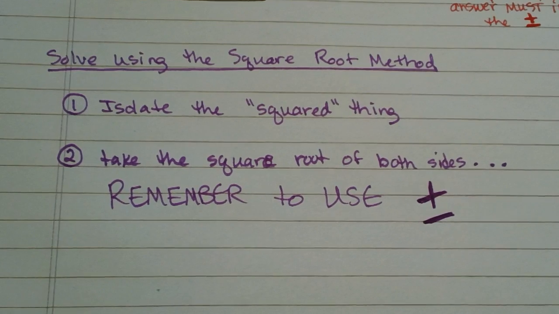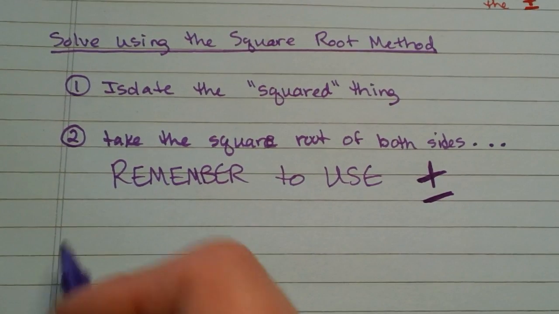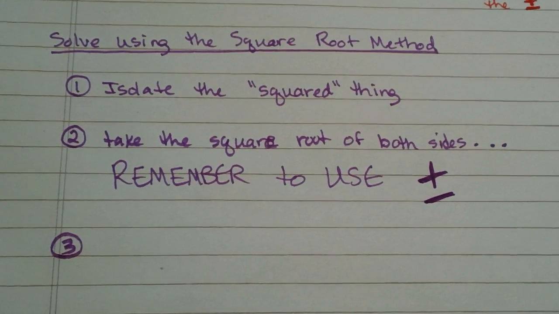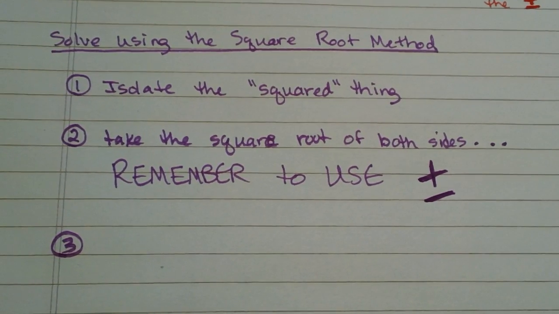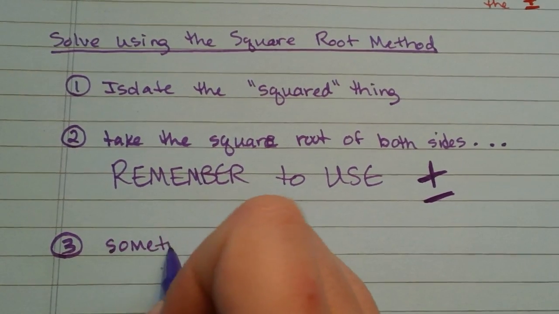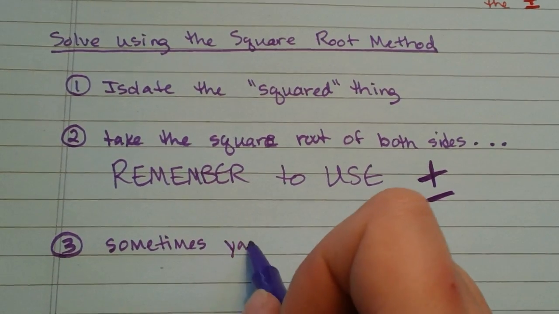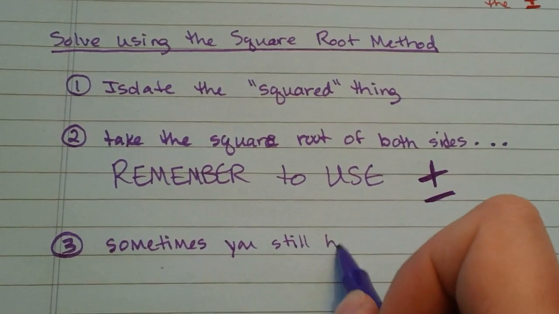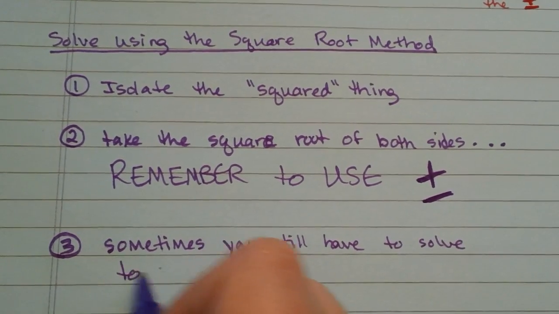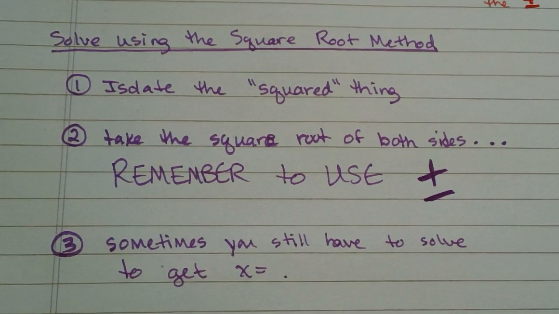So remember to use the plus minus. And then the third step is sometimes you're still going to have to do some solving to get x by itself. That's not always going to happen, but you should remember that sometimes you still have to solve to get x equals by itself.